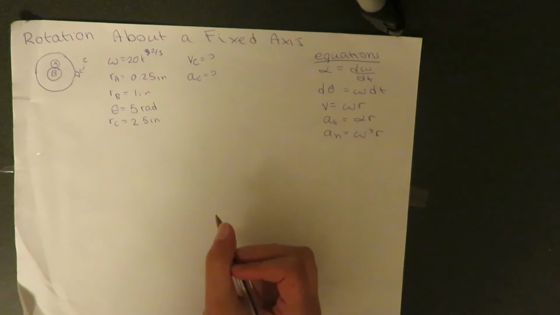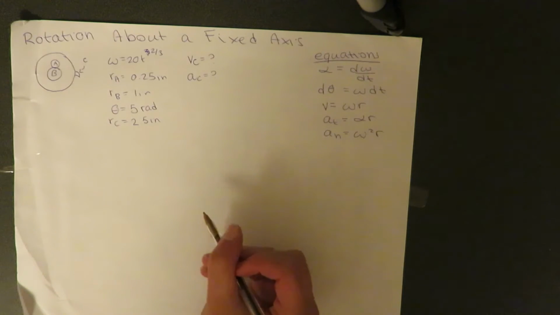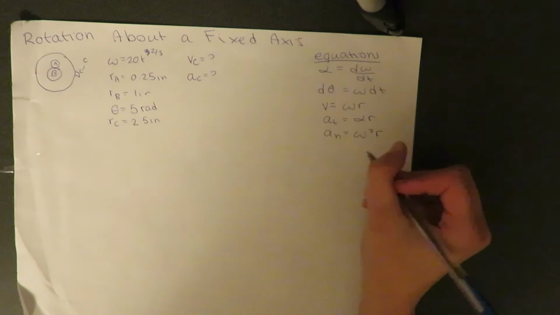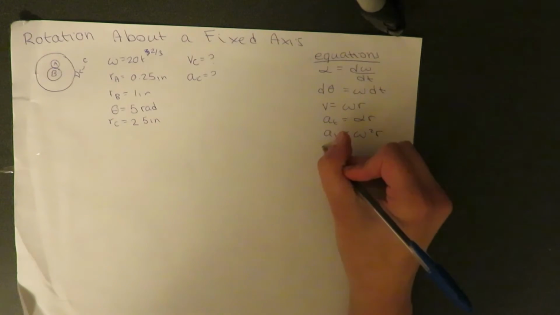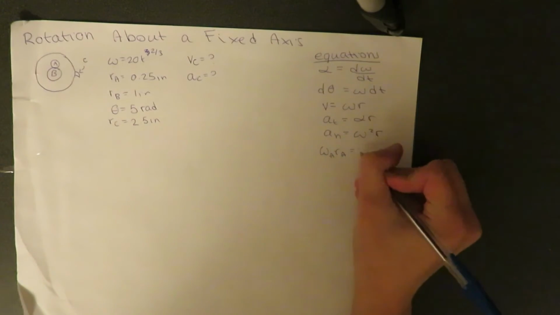Before I get started, I want to make sure that everyone has some background in gears. So essentially gears transmit torque and power, and their gear ratios tell you what's getting transmitted. So first of all, this is true: omega A times RA is equal to omega B times RB for gears.